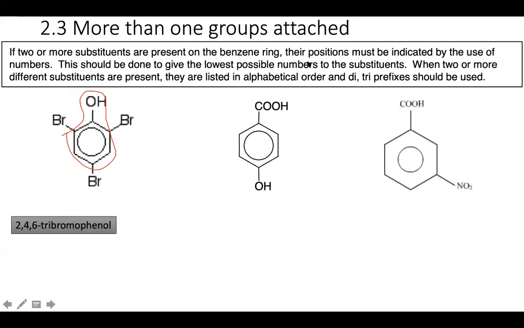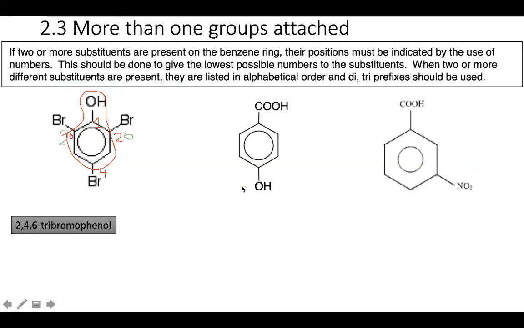Okay, so phenol, automatically the OH becomes number 1 because it is the principal chain. So 2, 4, 6. Even if you go in the anti-clockwise direction, you will always also get 2, 4, and 6. Okay, 2,4,6-tribromophenol. Phenol is your principal chain.